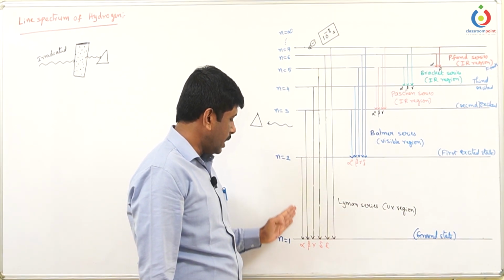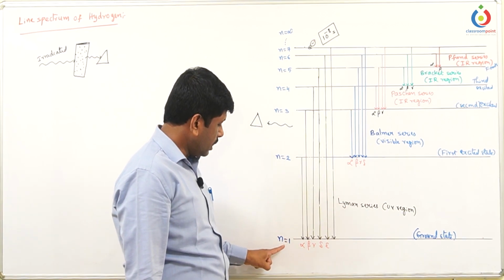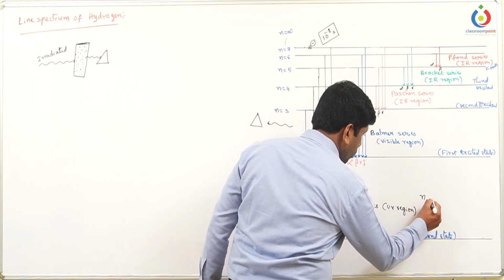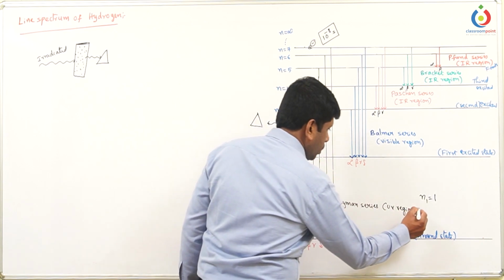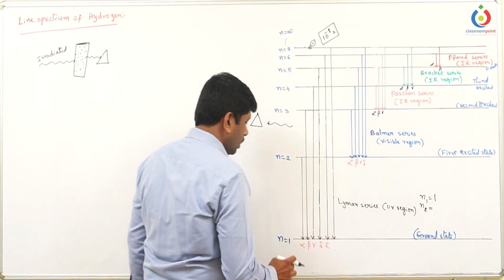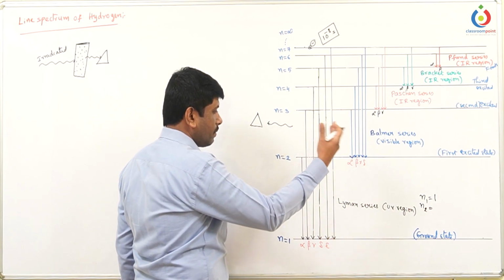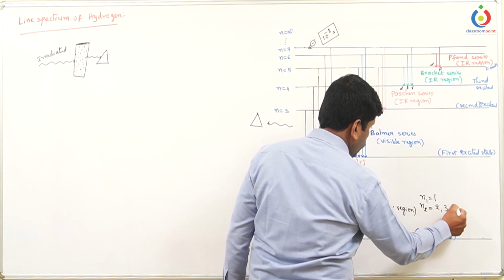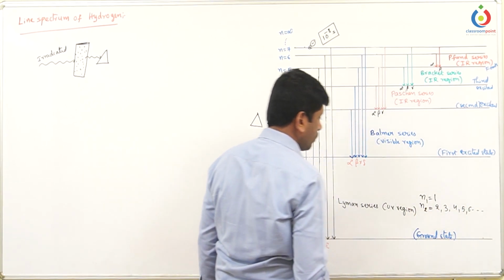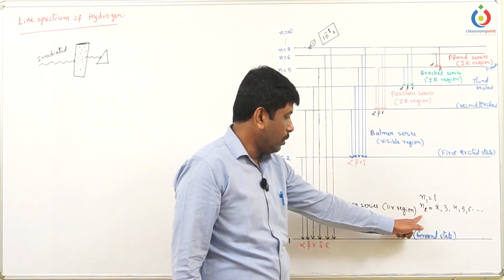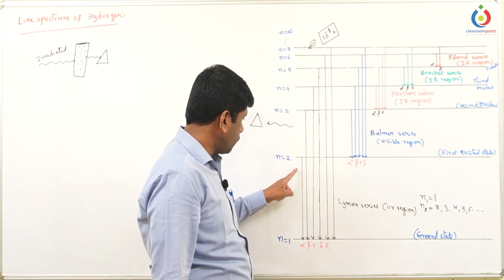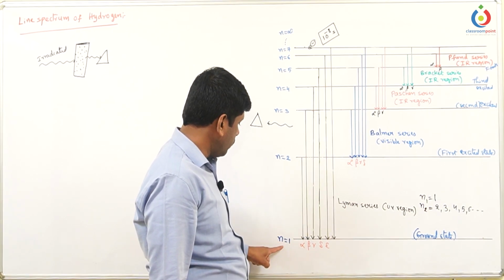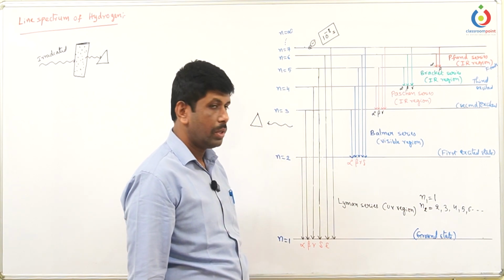For the Lyman series, n1, the lower energy state, is always equal to 1, but the n2 value changes. n2 stands for the higher energy state, so it may be 2, 3, 4, 5, 6 and so on, up to infinity. If n2 equals 2, that is the first line: n1 equals 1, n2 equals 2. For the second line, n1 is 1 but n2 is 3, and so on.